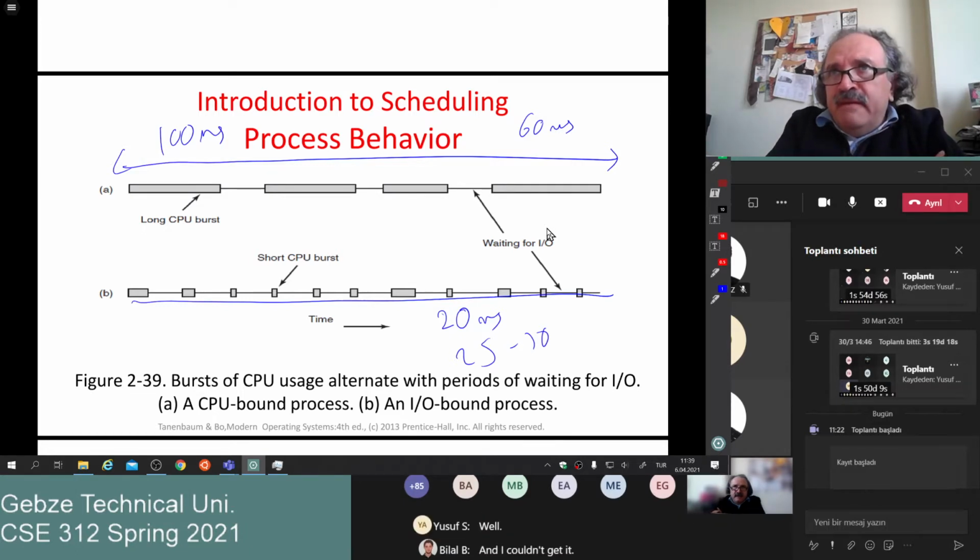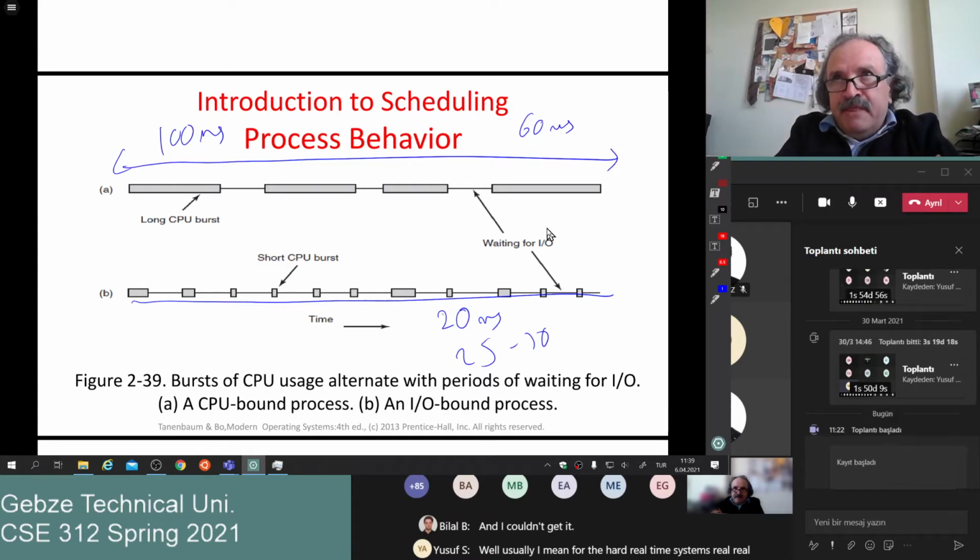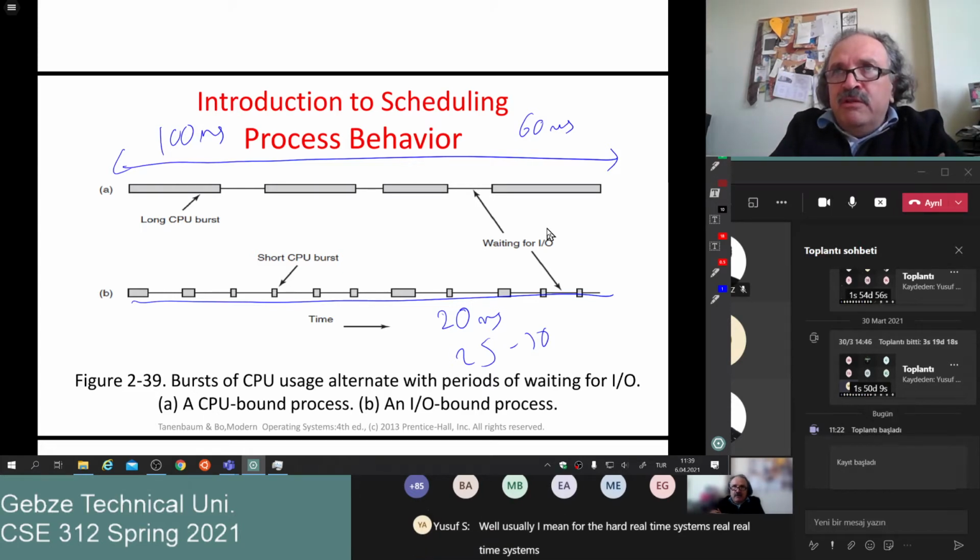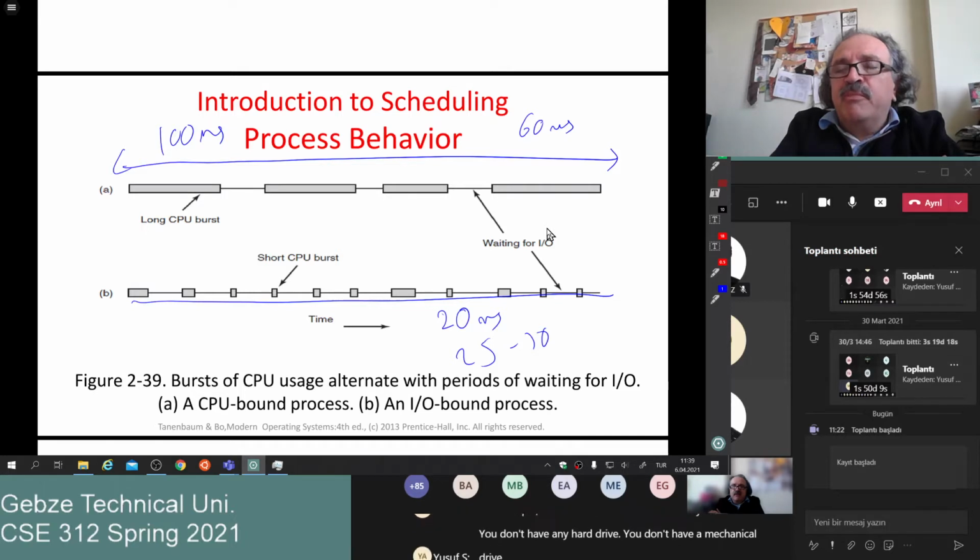Well, usually, for hard real-time systems, your I/O devices are very limited. For example, in many real-time systems, you don't have a hard drive, you don't have a mechanical drive for the real-time operating system.